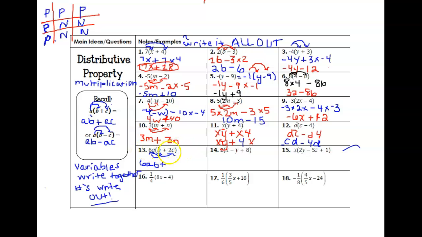We're going to write out the numbers and then put the variables together. So I'm going to say this is 6 times 2, okay? And then I'm going to put the variables together, A, C. Okay, so I got a 6AB plus 6 times 2AC, all right?